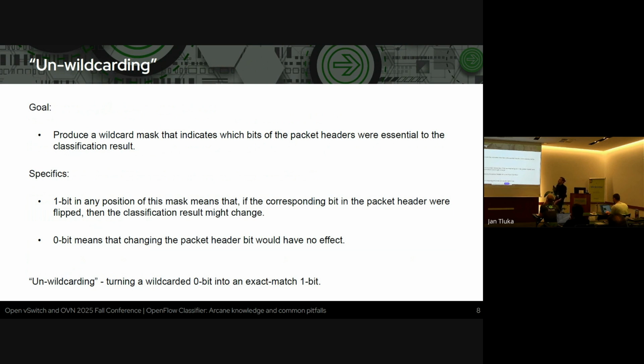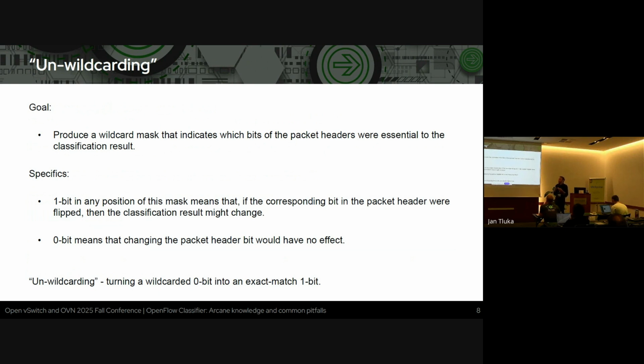So going back to the goal, what is the goal of unwildcarding? We are trying to produce a mask, a wildcard mask, that indicates which of the bits of the packet headers were significant to produce the result, to match on specific OpenFlow rules and execute the actions.